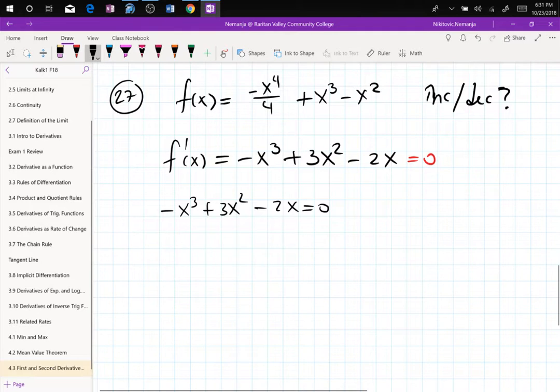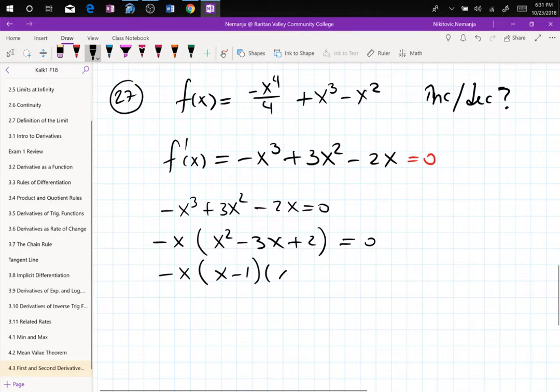What do we do? Anyone? Very good. We'll factor out negative x. We have x squared minus 3x plus 2. And now, does this factor? Factors as x minus 1 and x minus 2.